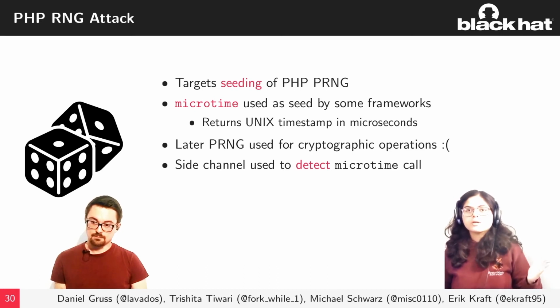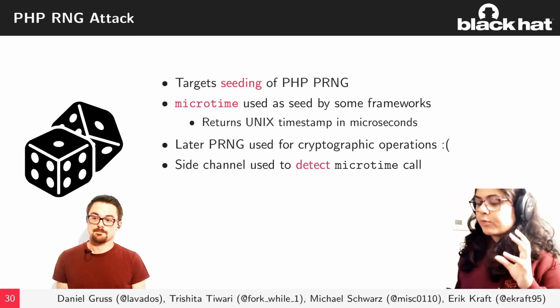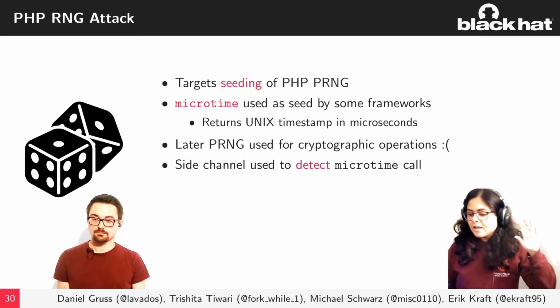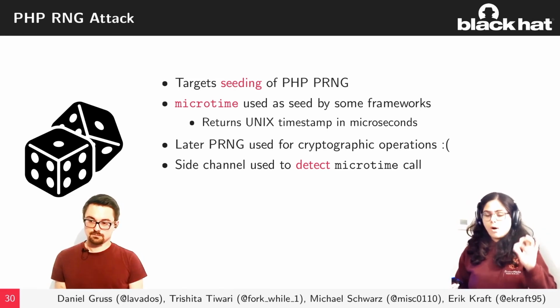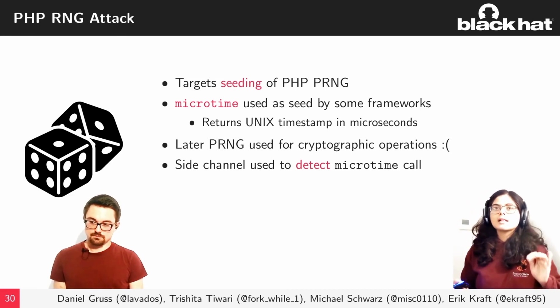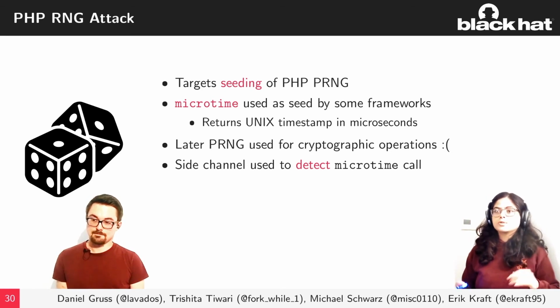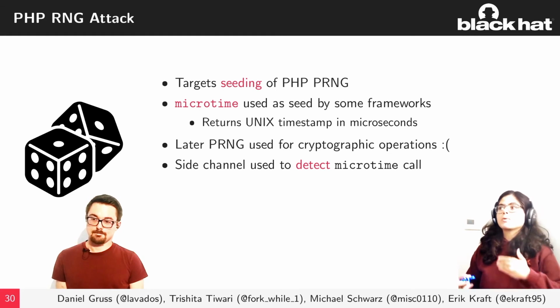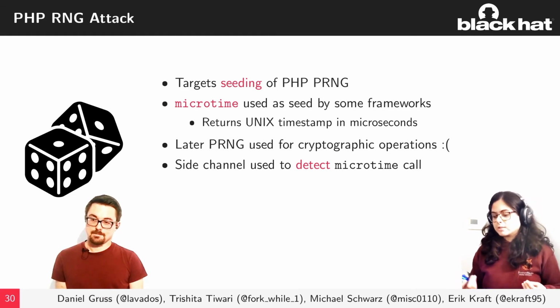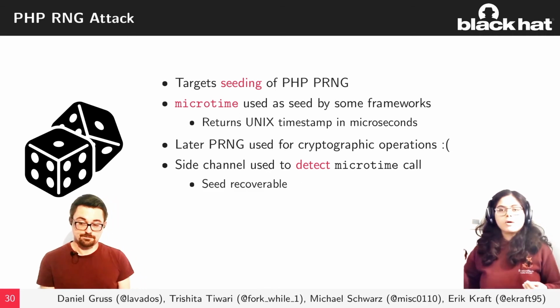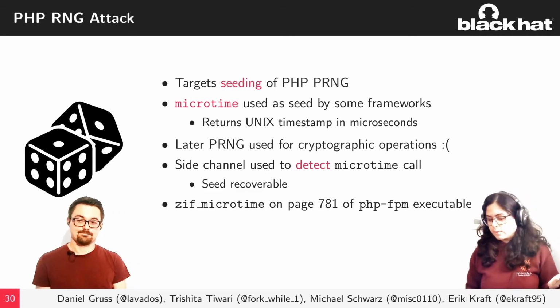What we do here with the page cache attack is we try to detect the use of the microtime call, so we can get exactly when that call was used. Through that, we can infer the system time that was returned by microtime, if we can detect when microtime was called. So this makes the seed recoverable.